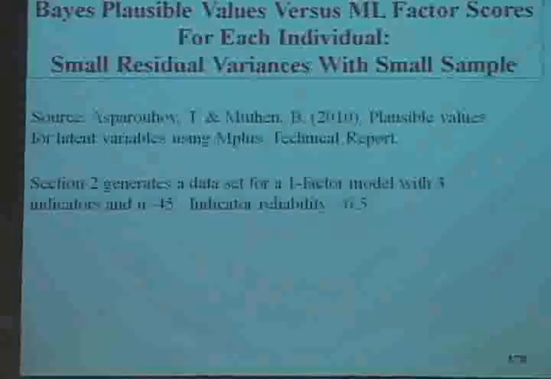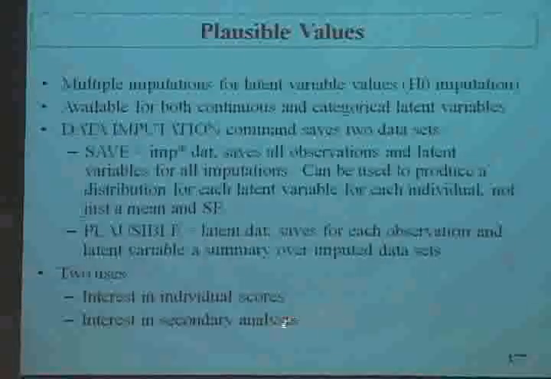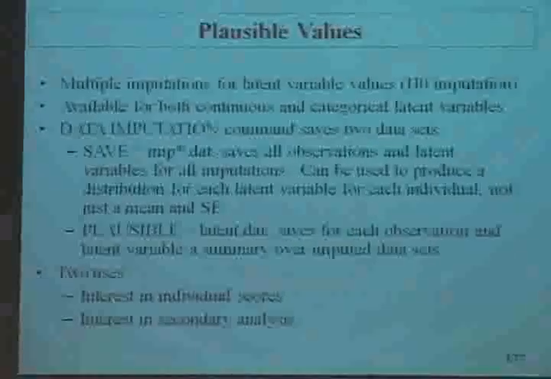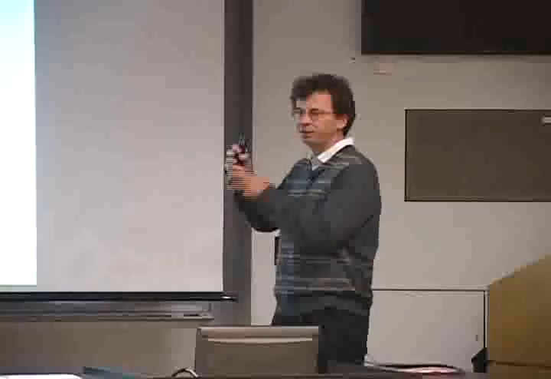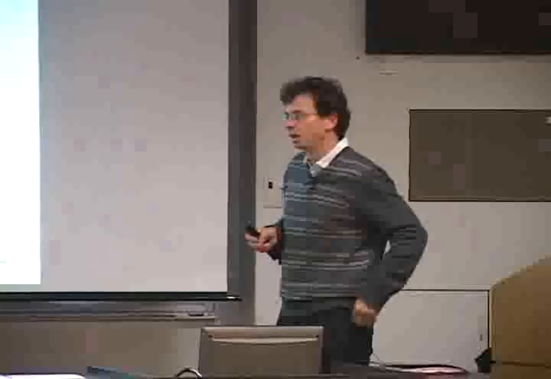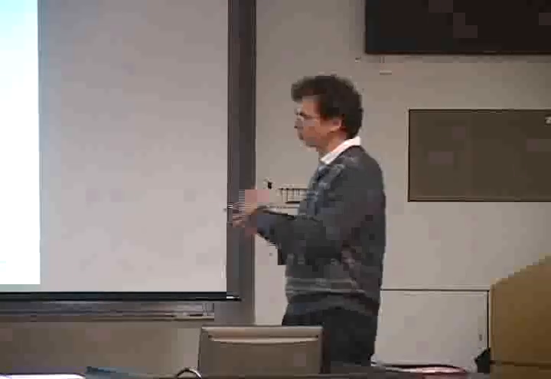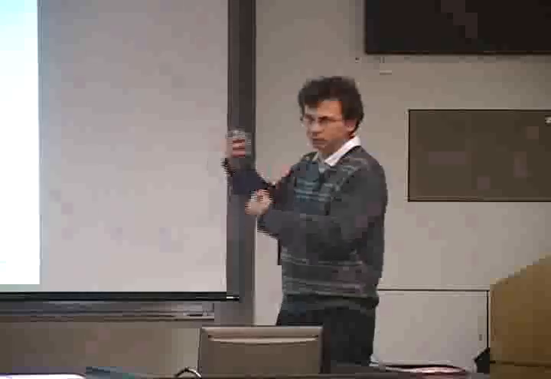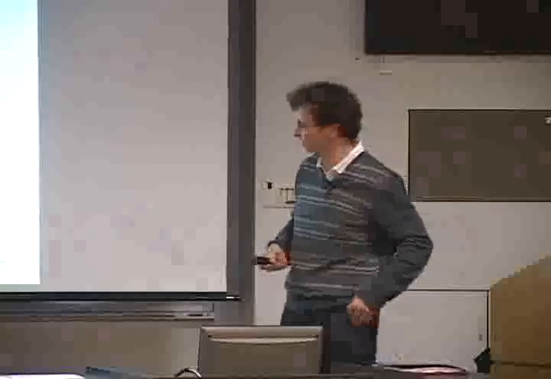Let me add one more thought here. Why can you do this one with only 5? Because when you do secondary analysis, you get parameter estimates that are representative for the entire population. Even though the 5 plausible values you use for each individual are not as accurate on average, because you use the entire data set and estimate one parameter representative for the entire population, it is okay to use just 5 imputed data sets.